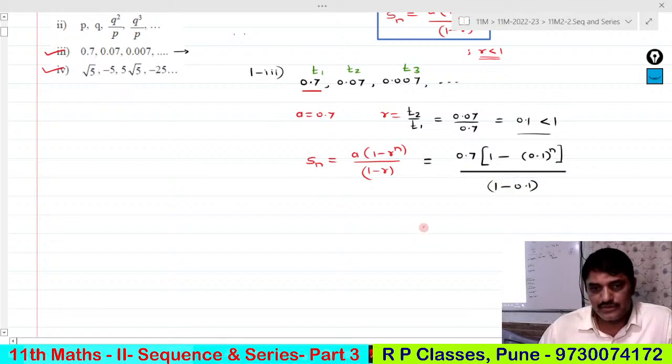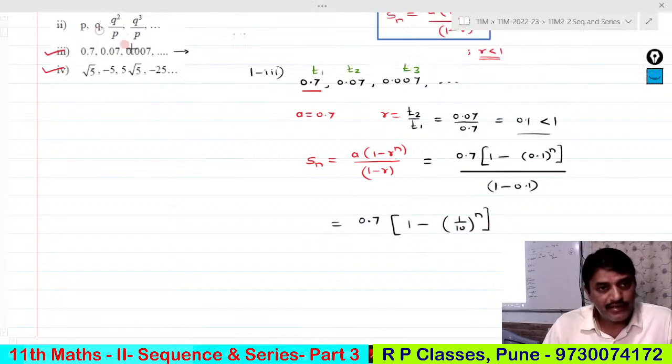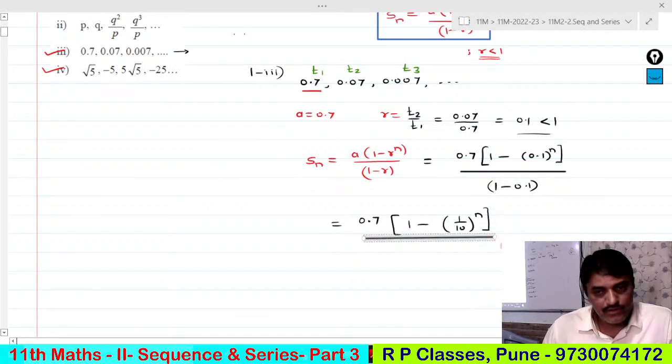Correct? Now that is nothing but 0.7 into 1 minus 0.1 raised to n, and whole thing divided by 0.9. Right?